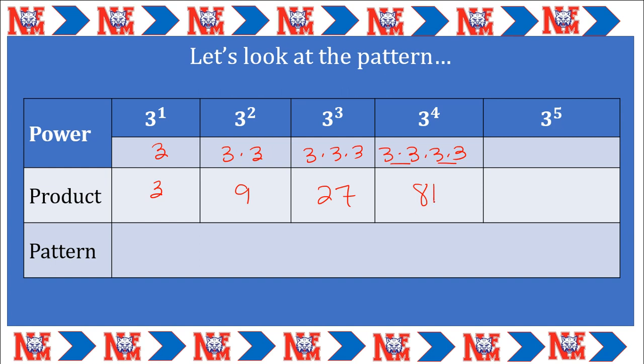So that gives us 81. And now we have 3 to the 5th. Now this reminds me, we're not using calculators in this unit. So I want to say 81 times 3 is 243. So our pattern here, as we increase, is we are just multiplying by our base of 3 each time.